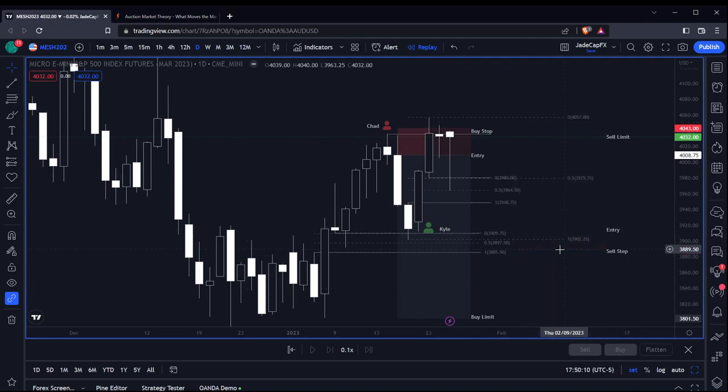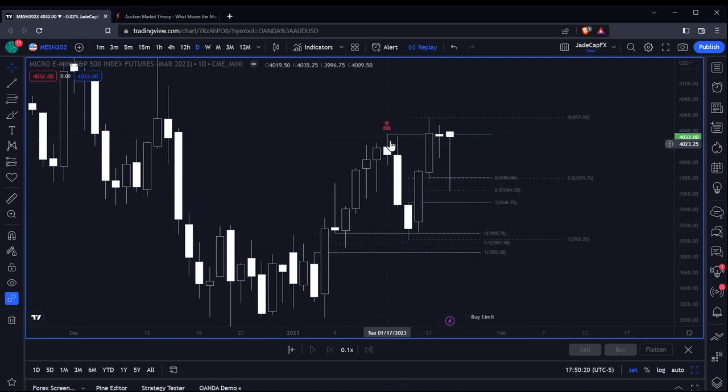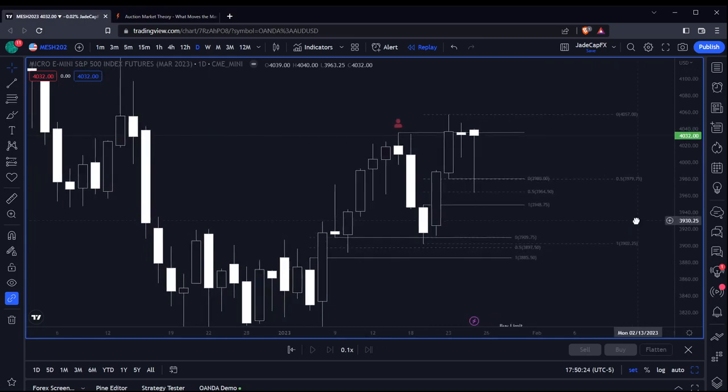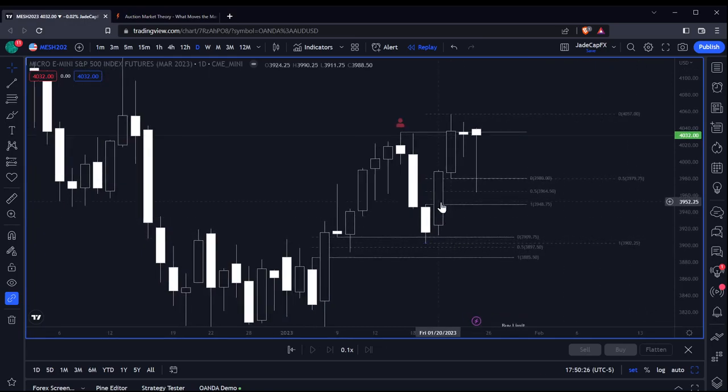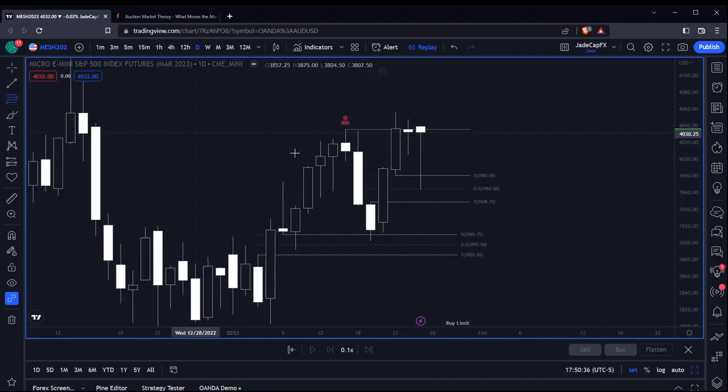All right, so let's dive in and take a look at these fair value gaps and inefficiencies. Right, so I mentioned a couple videos ago that inside of these imbalances, the 50% level of that imbalance is another point of equilibrium.